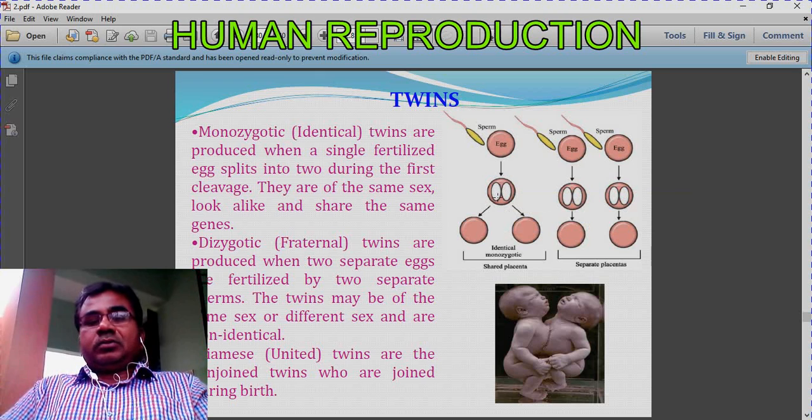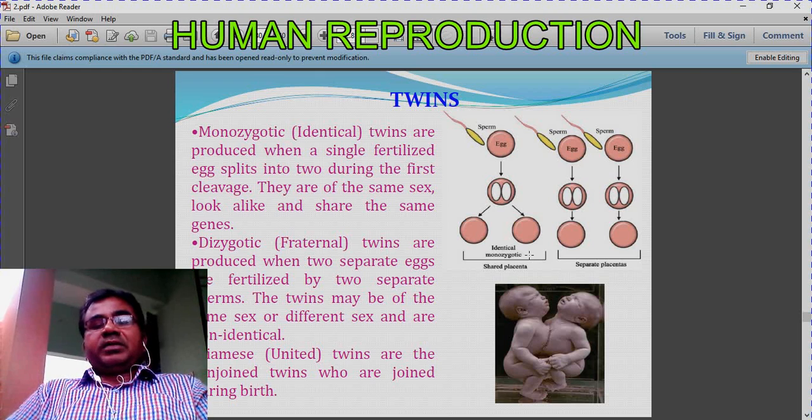Due to the first division, the two cells are separated. Now this cell will develop into one embryo, and this cell will develop into one more embryo. The individuals produced by this method will resemble each other, and also they will be the same sex.